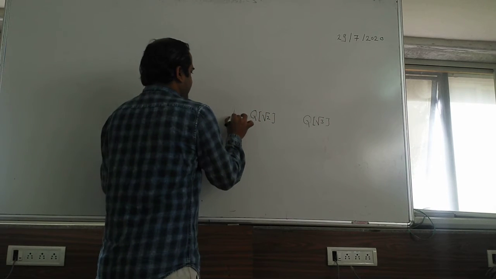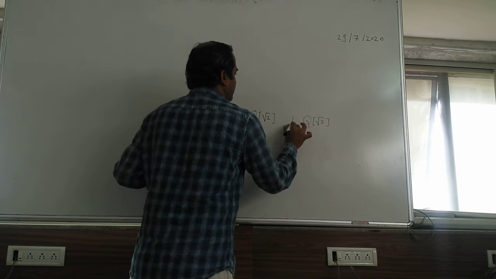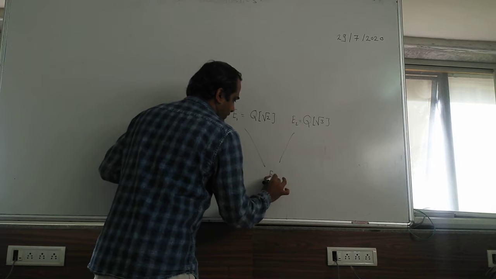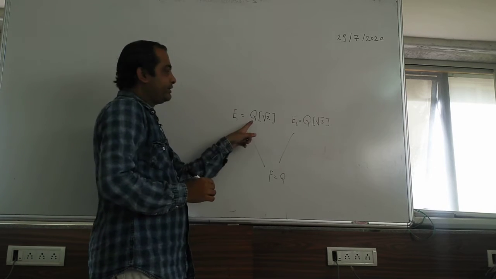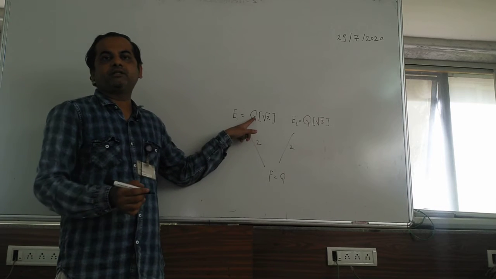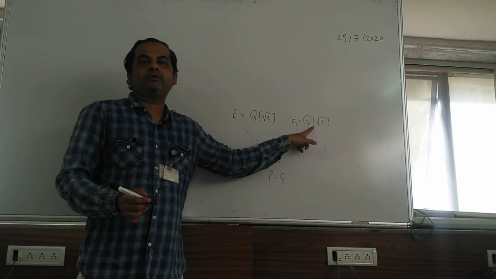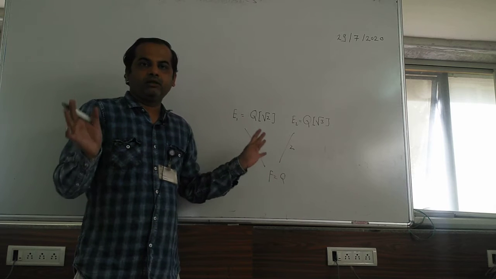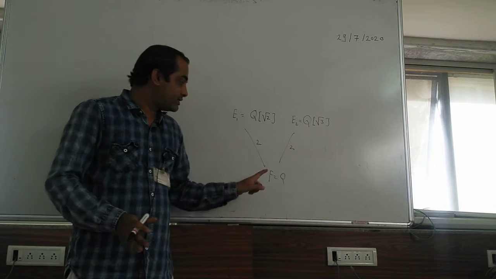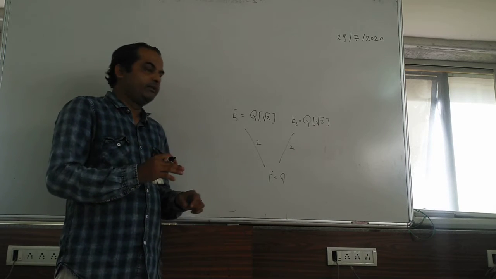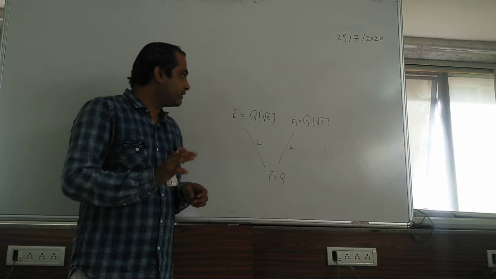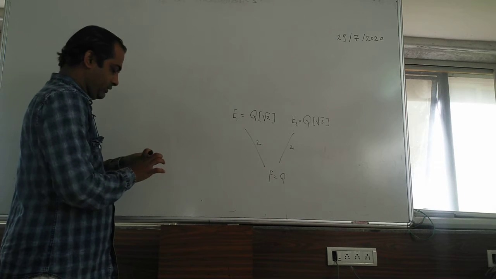Let us call them extensions E1 and E2, both extensions of the field F equal to Q. This is of degree 2, this is also of degree 2. What polynomial is satisfied? Root 2 satisfies x square minus 2, root 3 satisfies x square minus 3. Both are irreducible polynomials. x square minus 2 and x square minus 3 cannot be factorized over Q, because you cannot factorize into polynomials with rational coefficients.